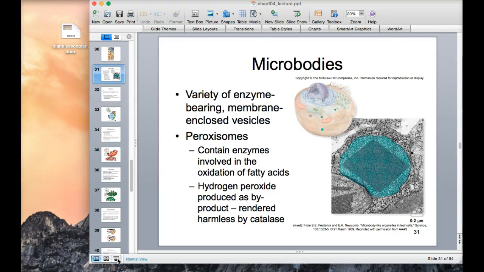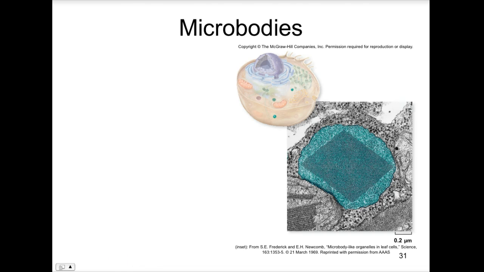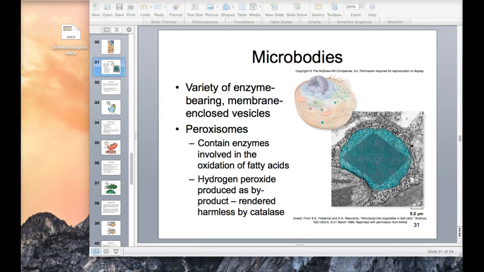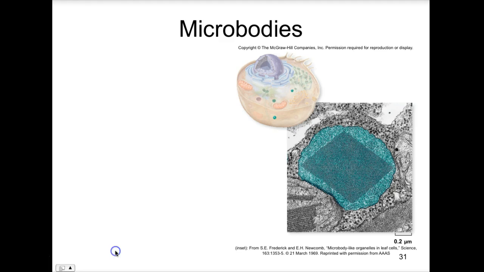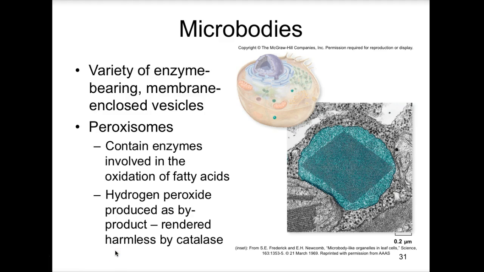During our last lecture, we examined the eukaryotic cell parts called microbodies. Basically, we said microbodies are structures that have oxidative components to them.